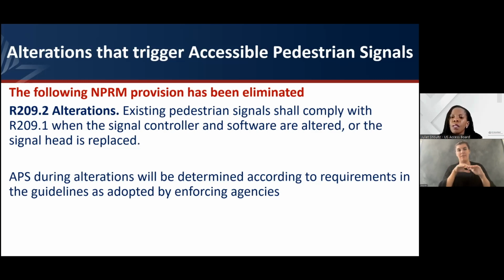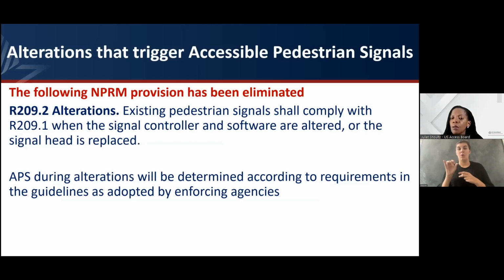The Access Board acknowledged the diverse nature of alterations that affect pedestrian signals, and we declined in the final guidelines to specify specific actions that trigger the requirement to install accessible pedestrian signals. Rather, pedestrian signals are subject to the same alteration requirements as other pedestrian facilities.